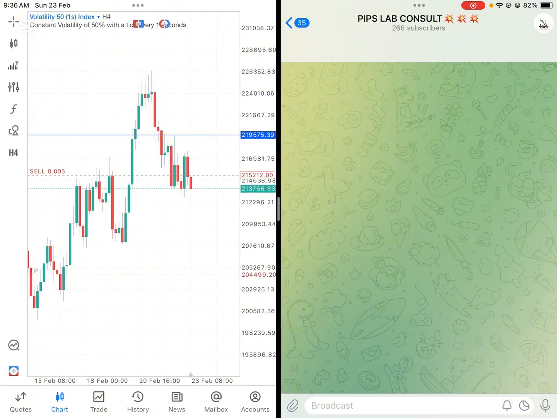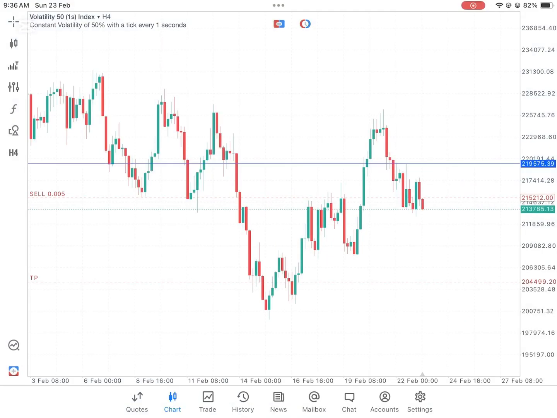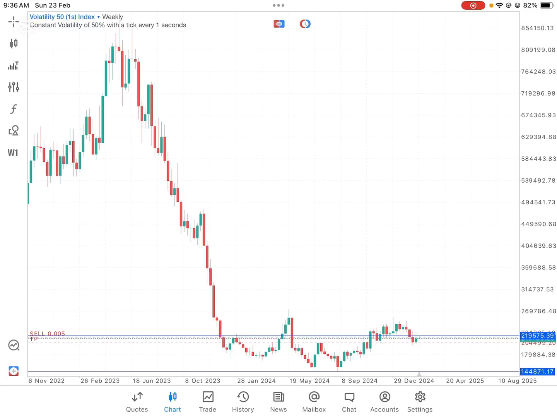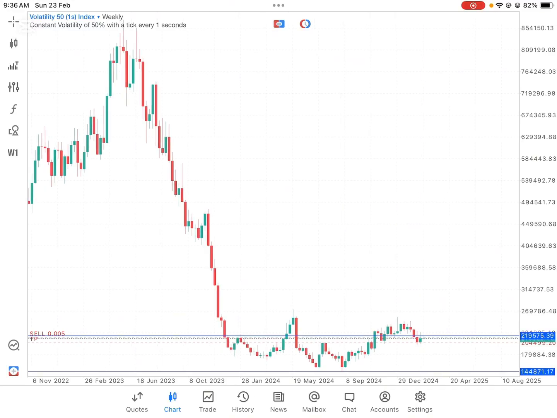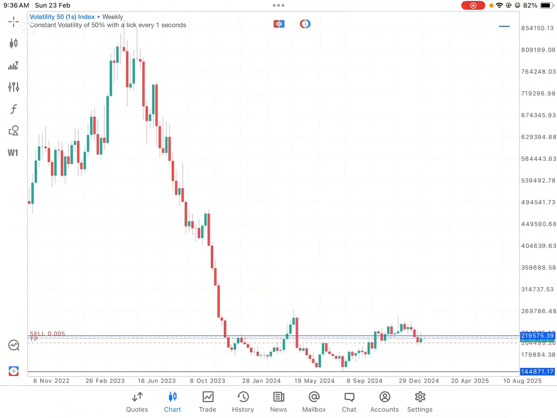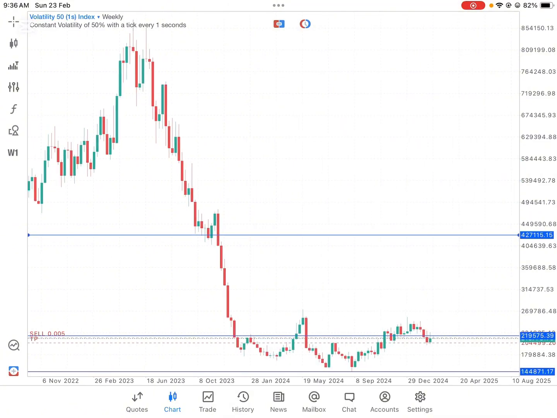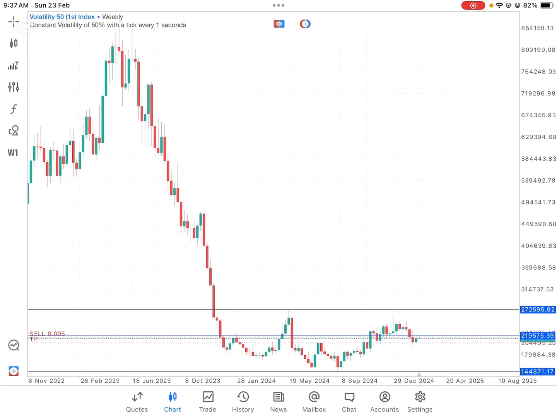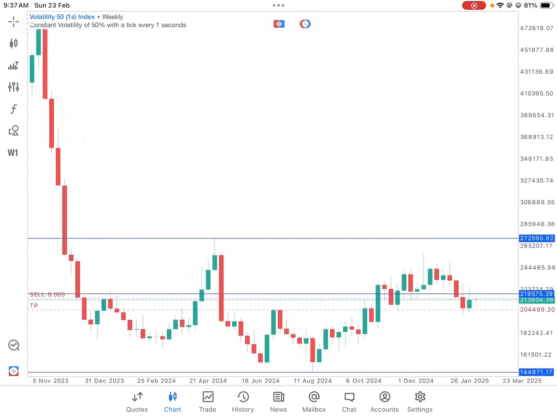So let's come down to the breakdown of the analysis. Come to the weekly time frame. Basically, here we've been having a downtrend lately.